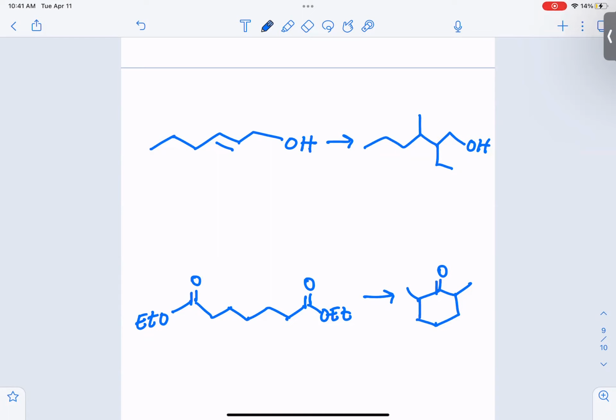Then you'd have to add water. Then in step 4, you could do LDA to deprotonate the alpha carbon and add your ethyl group. And then we can just do the reduction, either with sodium borohydride or lithium aluminum hydride, either one. Okay.